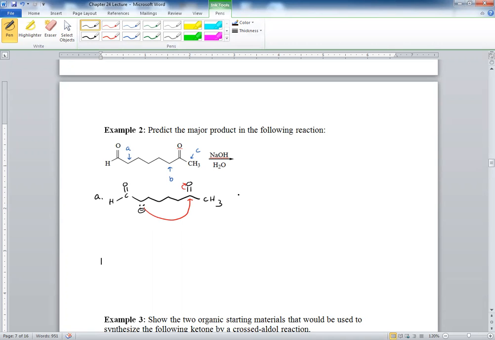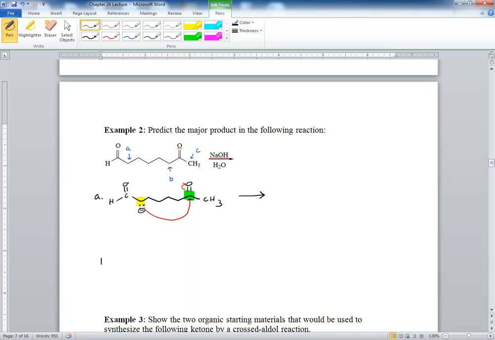So let's look at the product. Highlight them. This is going to help you. Counting would help too if you count. So let's begin.